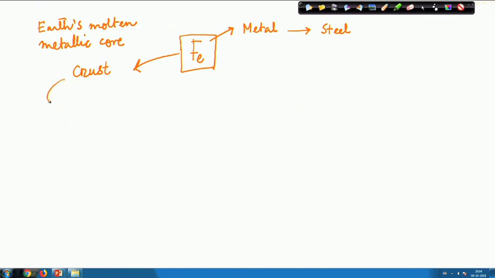These are available as different ores or minerals.